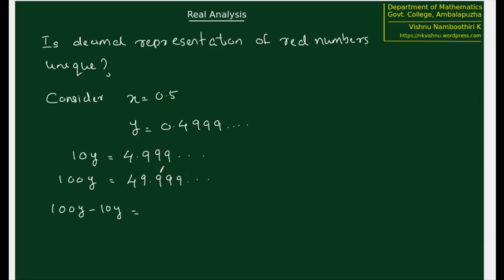Therefore the decimal part will be completely removed, so we will be getting 45 here, and 90y is equal to 45, or y equal to 1/2, which is nothing but 0.5. So we started with y equal to 0.499..., x equal to 0.5.